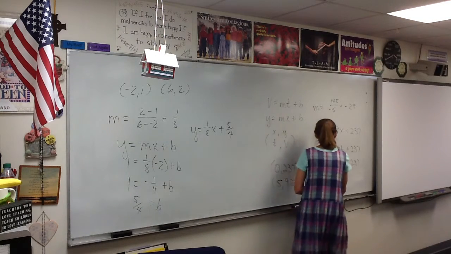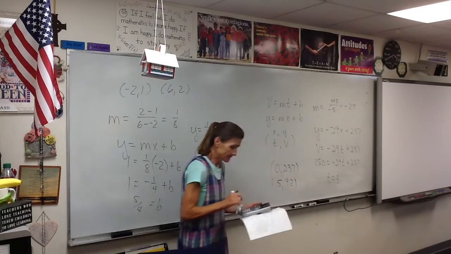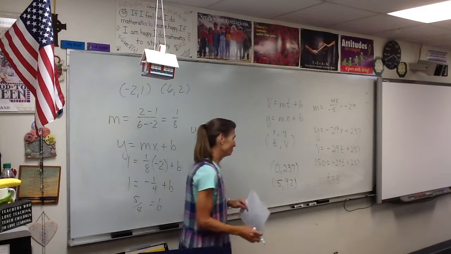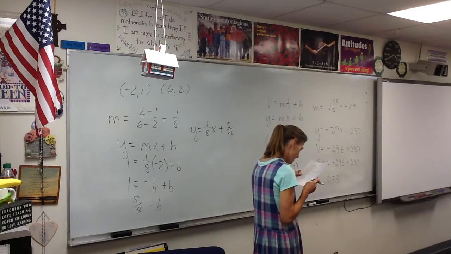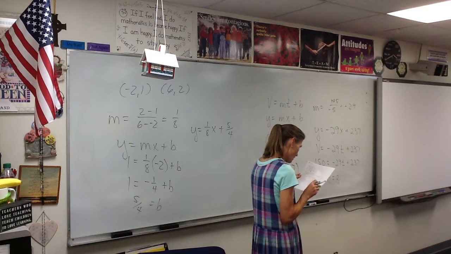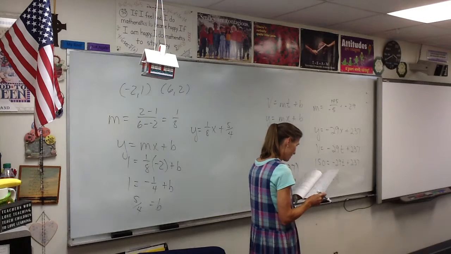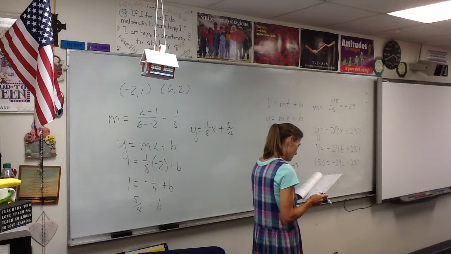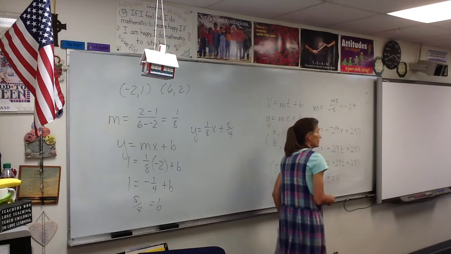So I got 3. Now, this is a little bit tricky. I didn't mean it to be tricky, but now that I read it, it's a little bit tricky the way I asked the question, trickier than I wanted it to be. Yeah. So you get t equals 3.